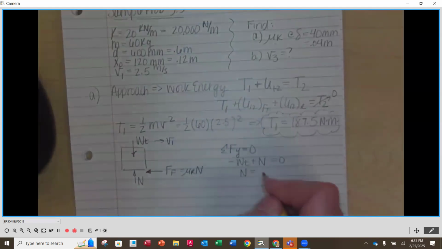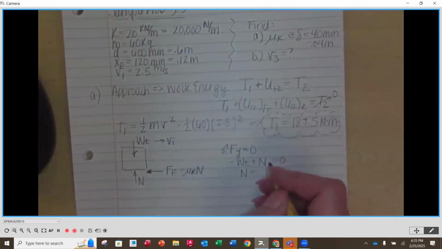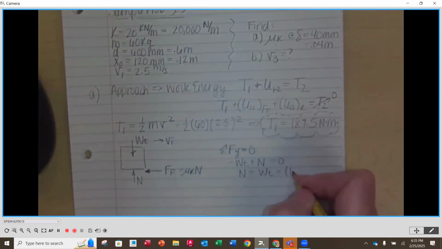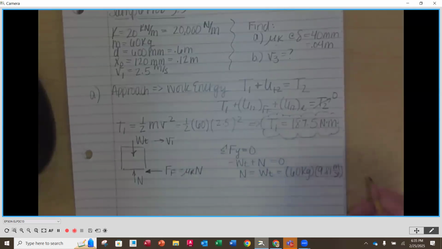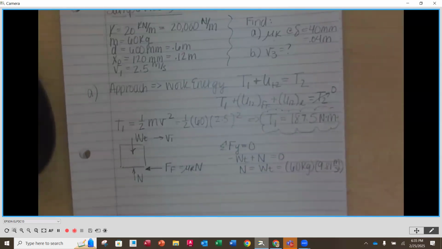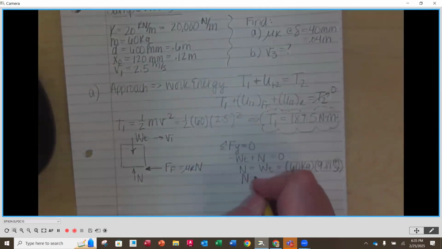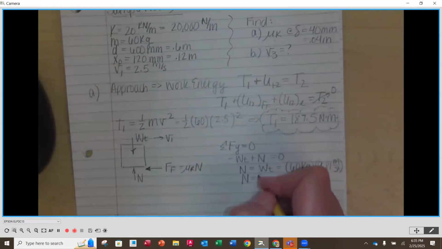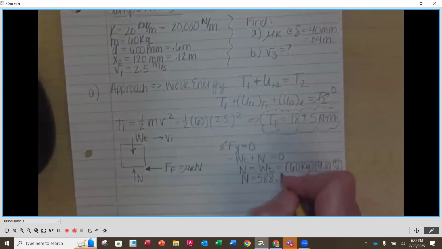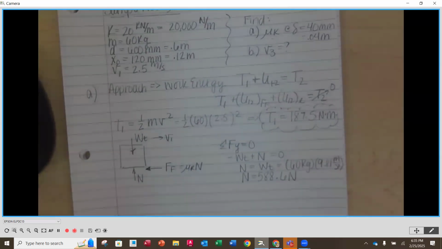Solving for N is going to be equal to, I'm going to put my weight on the other side, right? And my weight is equal to 60 kilograms times 9.81 meters per second squared. I'm putting that in there so you can see that that is the mass times gravity. That's what the 60 times 9.81 is. So my normal force is going to be 588.6 newtons. Okay.